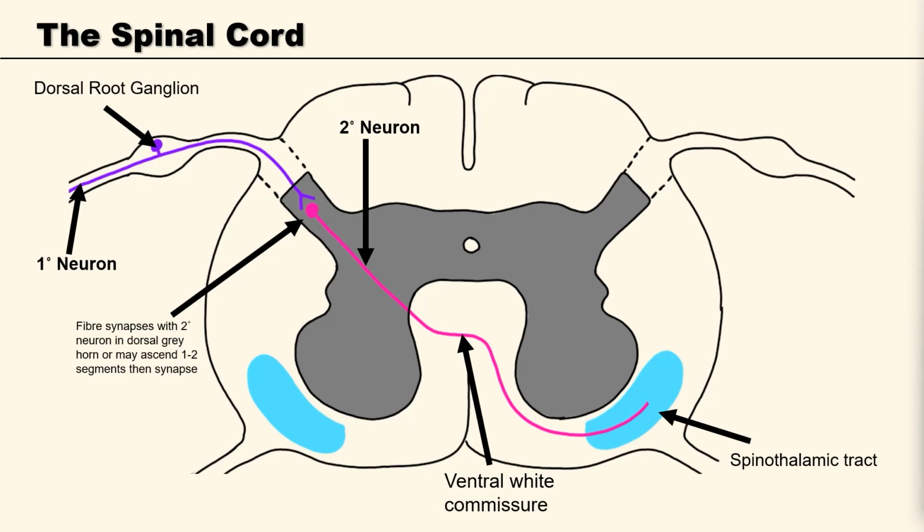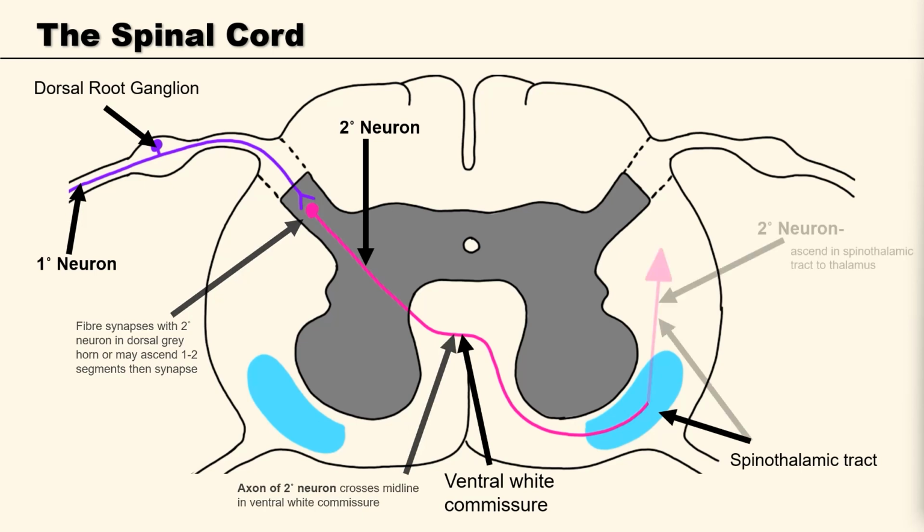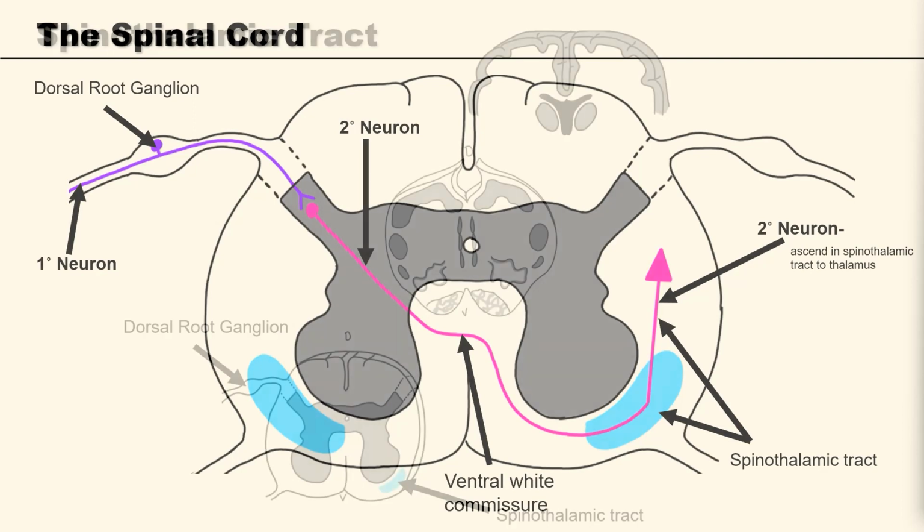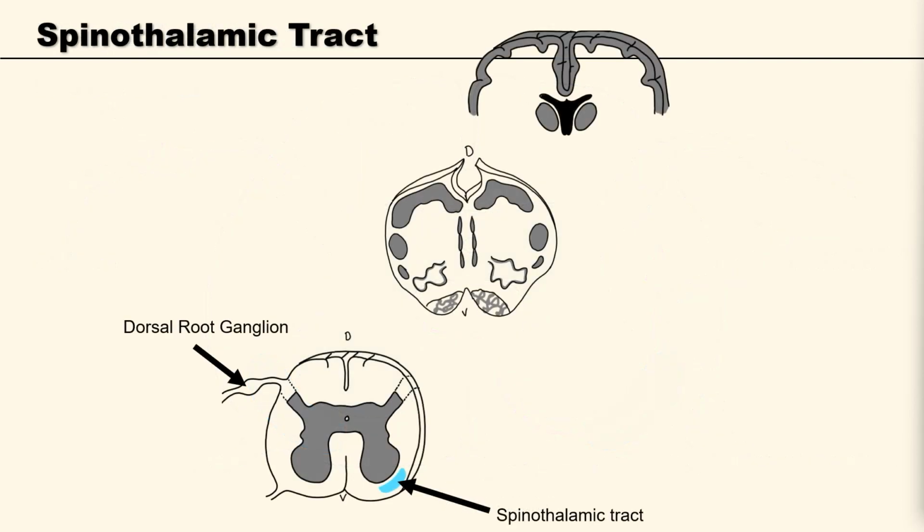Those second-order neuron fibres will cross at the anterior white commissure before ascending up to the brain. These second-order fibres are going to ascend in the spinothalamic tract and travel up to the thalamus. Now let's zoom out and have a look at what this looks like. The first-order neuron enters from the periphery to the dorsal root of the spinal nerve, where it reaches the dorsal grey horn and synapses with the second-order neuron.